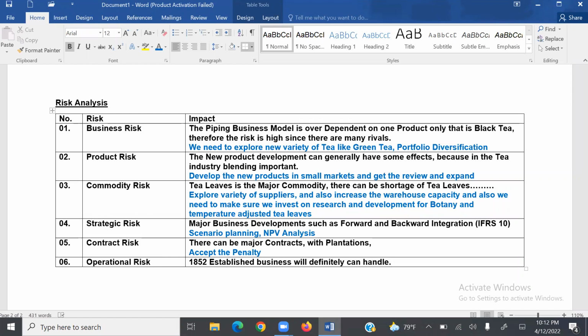They experienced the Spanish flu, and they experienced corona also. They experienced World War One, they experienced World War Two. So the Russia-Ukraine war is not an issue for them. You get the understanding why I said a 1852 business can generally handle things. These bigger organizations, which are 100 or 200 years old, have gone through huge, difficult business cycles, so they have the experience of all these things.